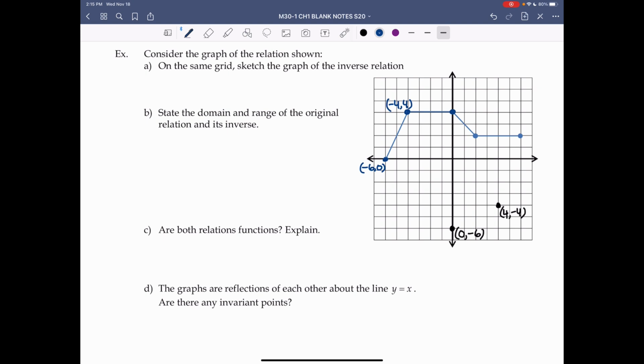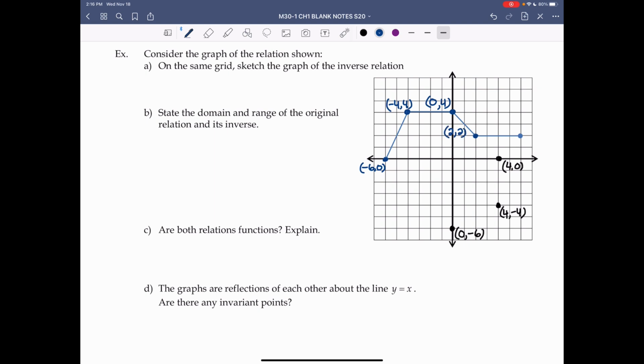This point x is 0, y is 4. Switch the x and the y, that gives us (4, 0) for the inverse relation. This point is (2, 2).